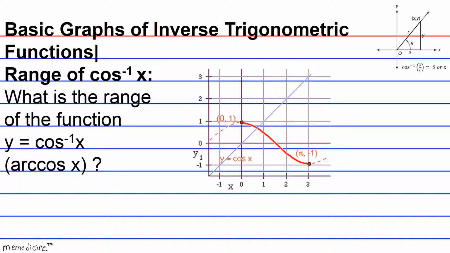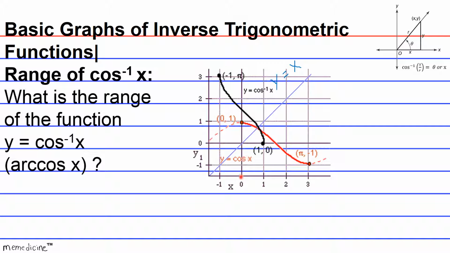So this blue thing here is the line y equals x, okay? That's this diagonal line. That's what that represents. So after doing that, here goes our fabulous inverse cosine of x function.